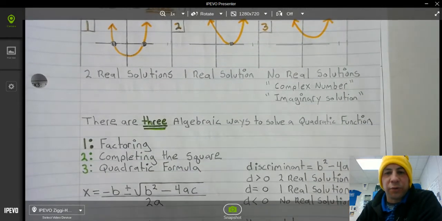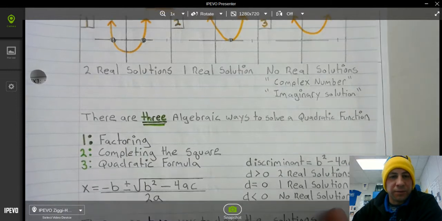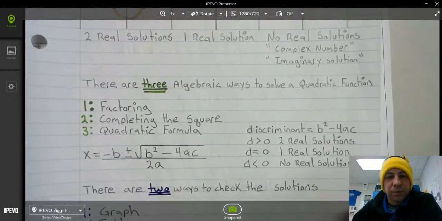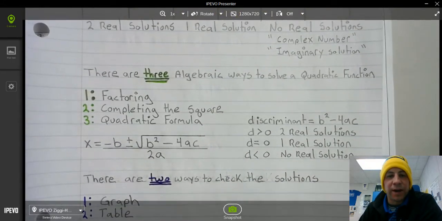Now, there are 3 ways to solve a quadratic function. Number 1, you can factor, which we've been doing. Number 2, you complete the square, which we've done. Now, the new one today is the quadratic formula, which is x equals negative b plus or minus the square root of b squared minus 4ac, divided by 2a.